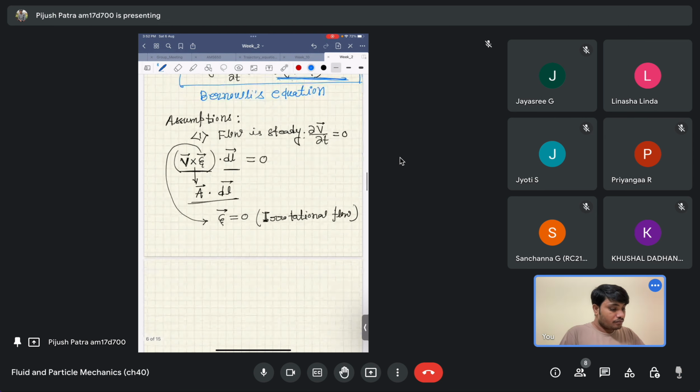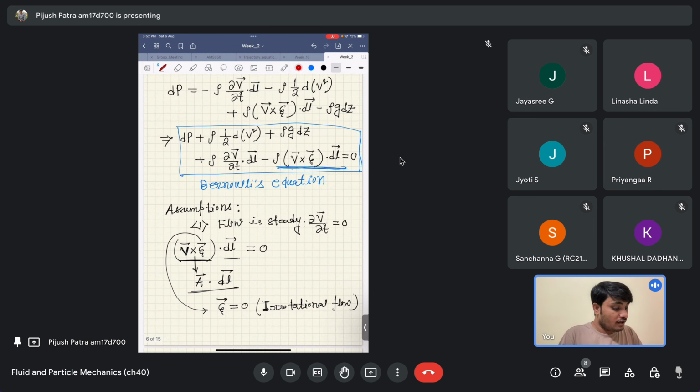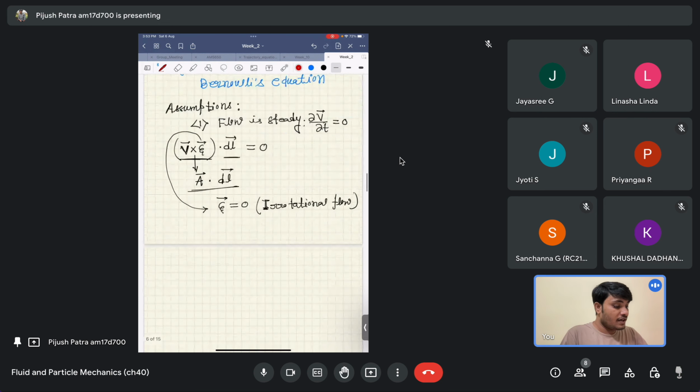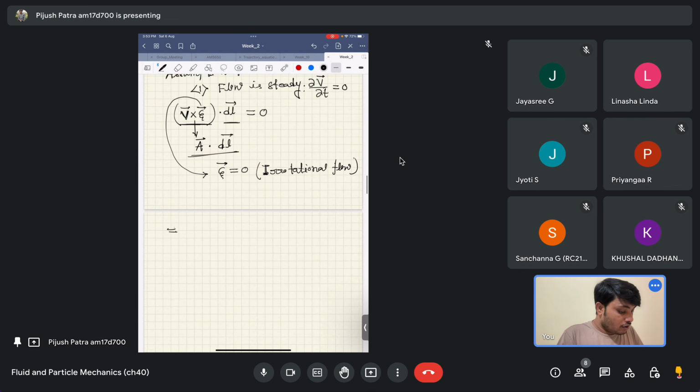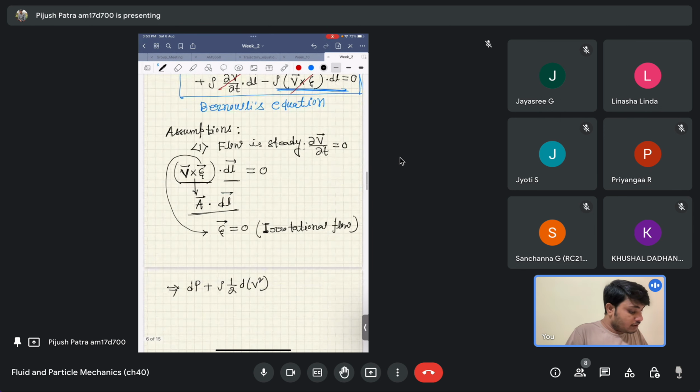So what is the equation finally, if I drop this term and also this term? It is dp plus rho half d(V square) plus rho g dz is equal to 0.